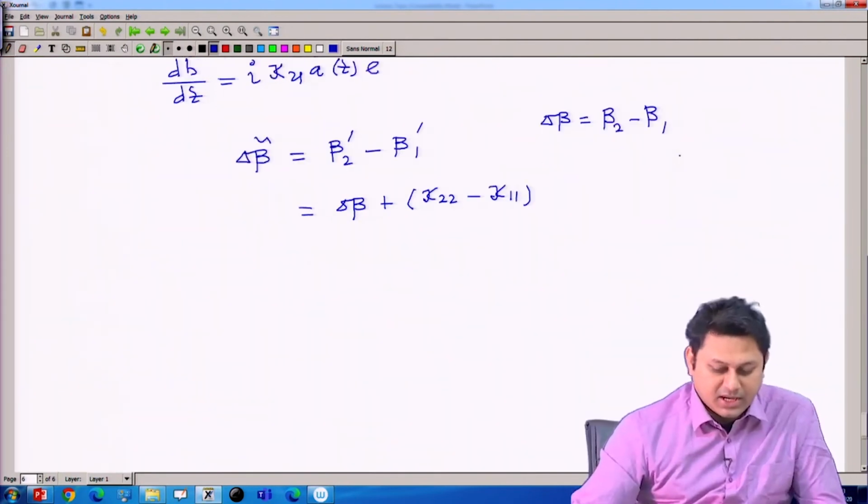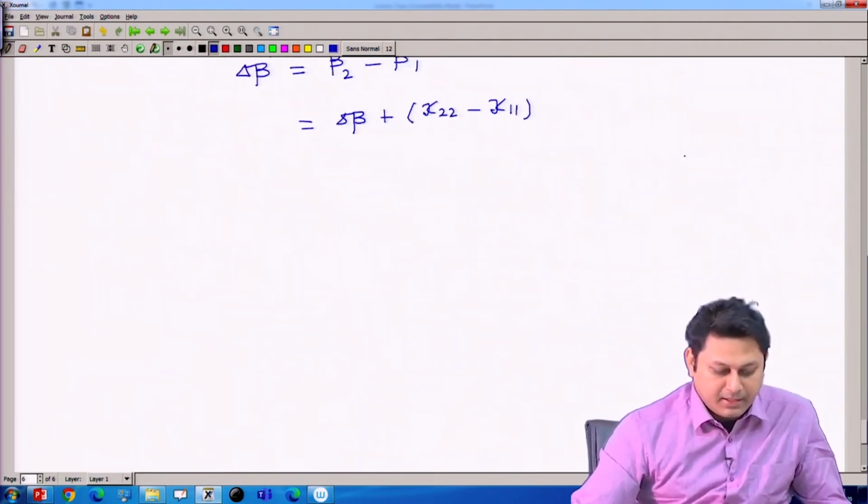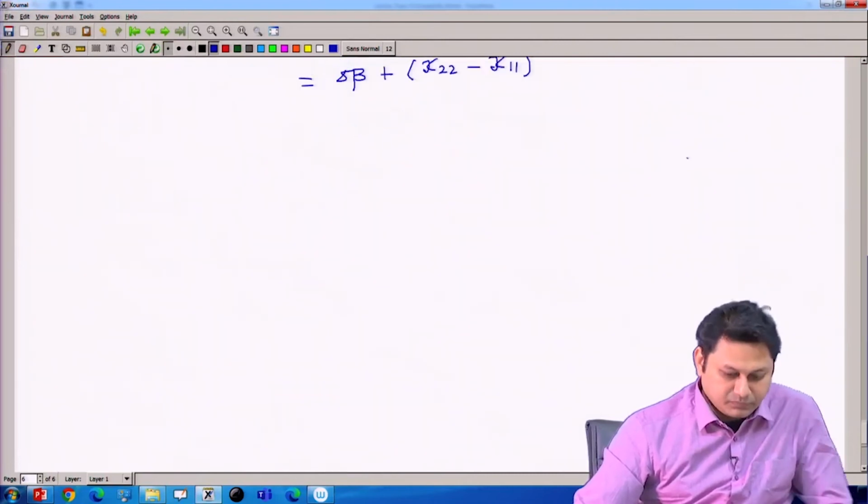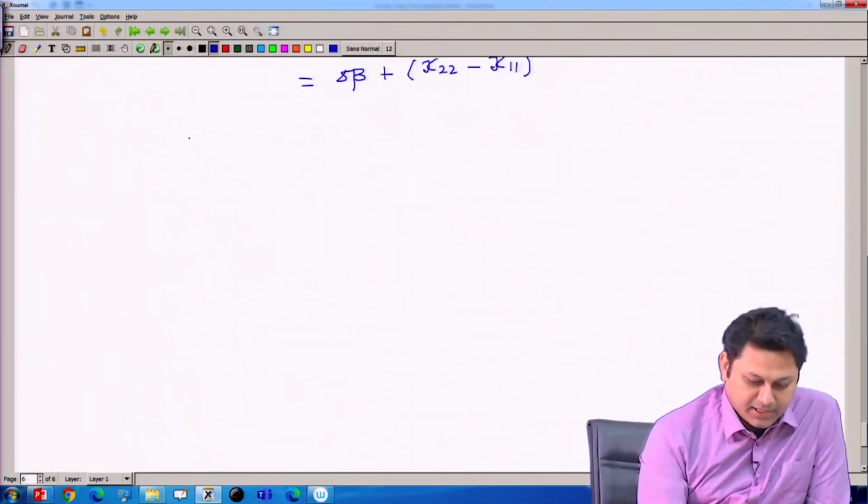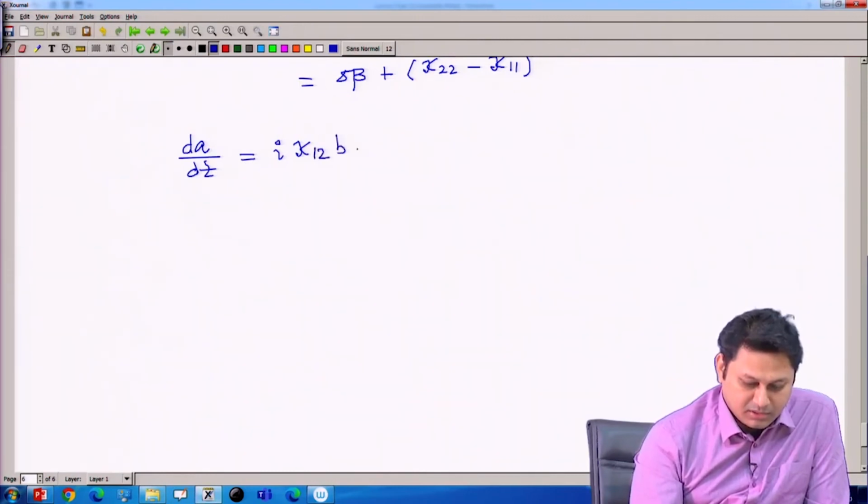So, eventually I have an equation of the form dA/dz, which is a pure amplitude term, is evolving following this differential equation, then b e to the power of i delta beta tilde z, and this is one equation.